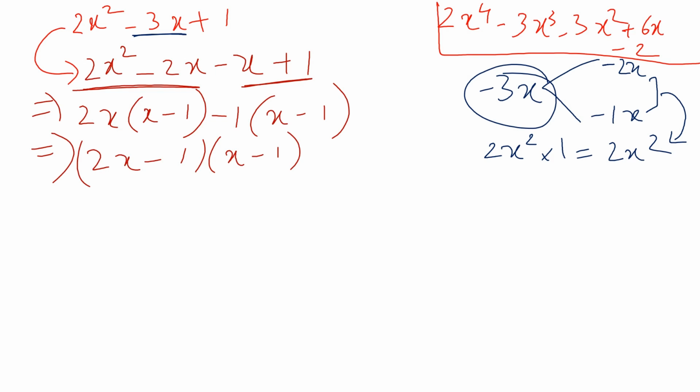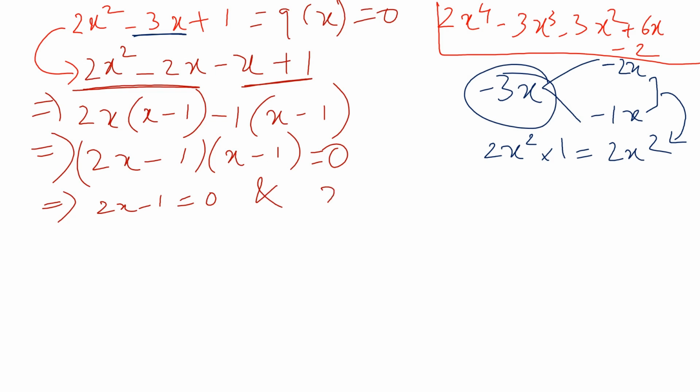Now if we assume that this is q of x, and we equate it to 0, q of x is equal to 0, what we get from this is 2x minus 1 is equal to 0 and x minus 1 is equal to 0, right?